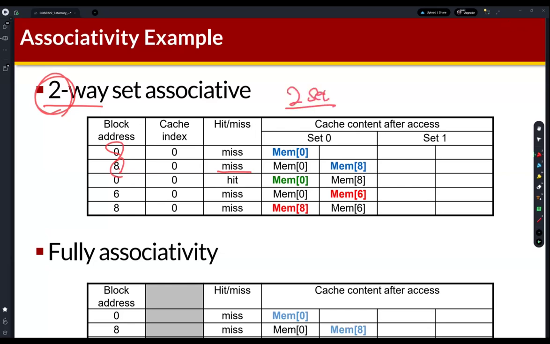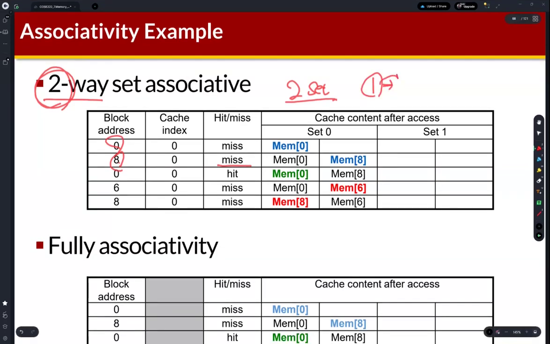So the number of bits in the set index field is 1, and we can use the 1 bit LSB in the block address as the set index. So the cache index is 0.